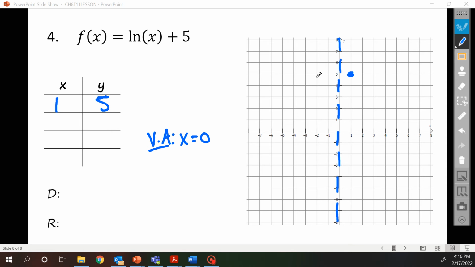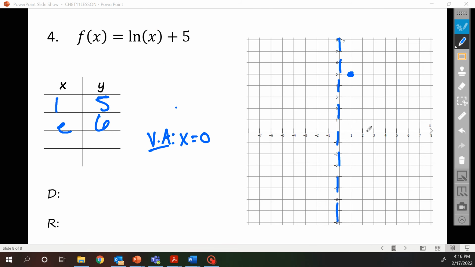Now I could do this the way I've been doing it and try to get 6. However, that's going to be a little bit difficult because the only way I get 6 is by taking the natural log of e. So in order to get 6, I would have to plug in e, because the natural log of e is 1, and 1 plus 5 is 6. But, I mean, that doesn't really help me that much, because where is e?